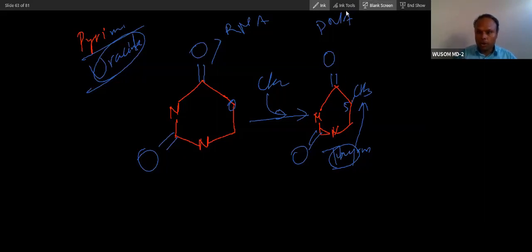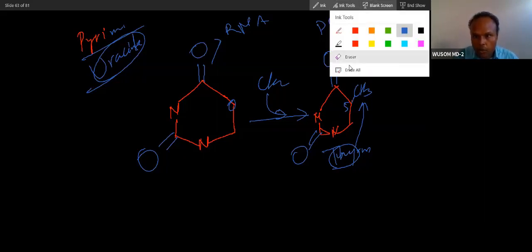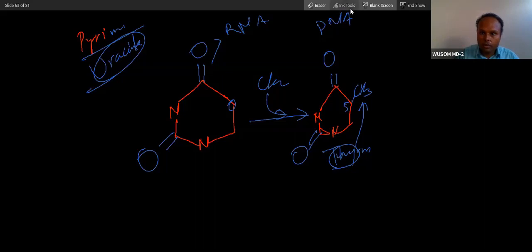Now, cytosine. How do you remember cytosine? Let's draw this. All have a similar structure. Cytosine has NH2.